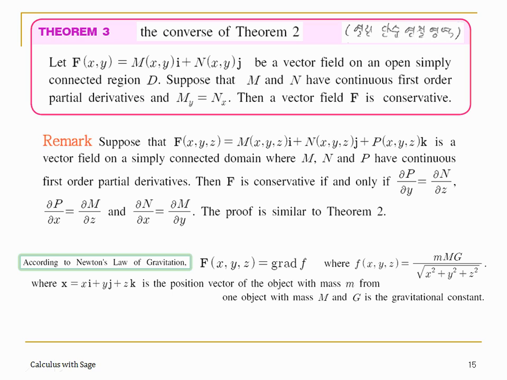Then the gradient of f, this vector field, has the potential function f like this.